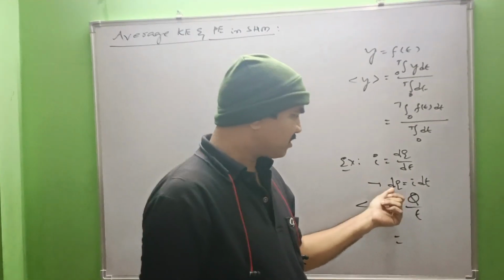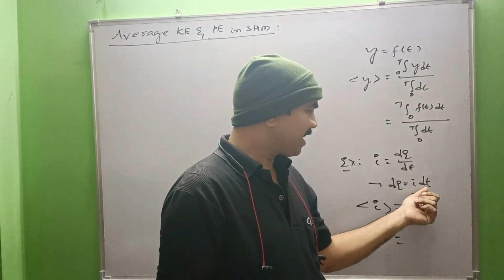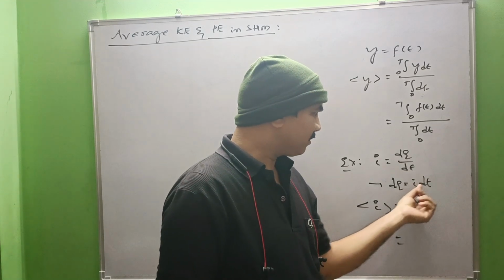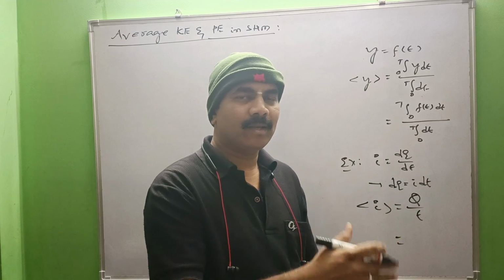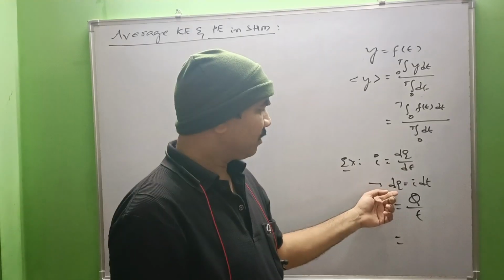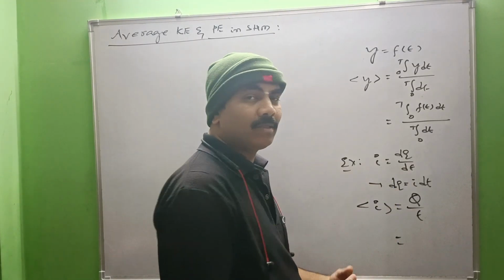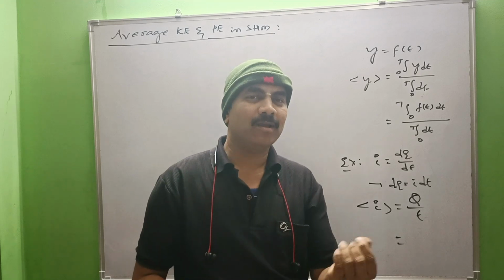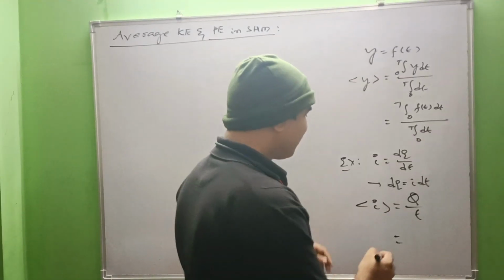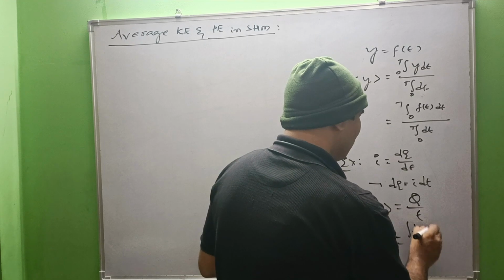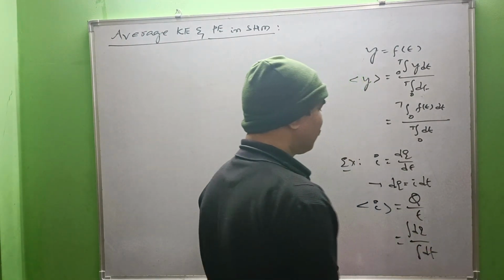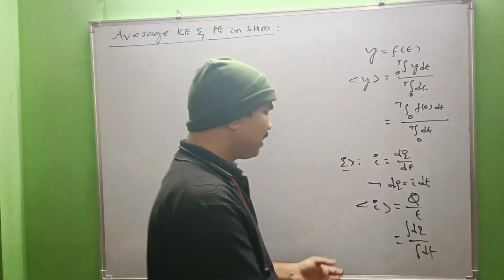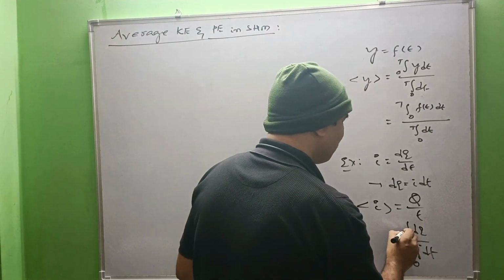From this relation dq equal to I dt, it is saying that in every dt the amount of charge is given by dq. In a time interval, on a large scale, what will you get? The total charge, that is integral dq, by taking the summation of all small amounts. Q means integral dq divided by integral dt under limits, within a time 0 to T, here also 0 to T.